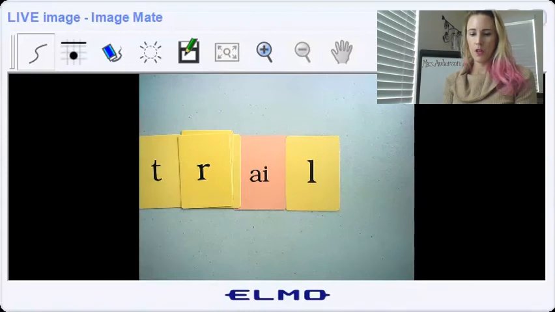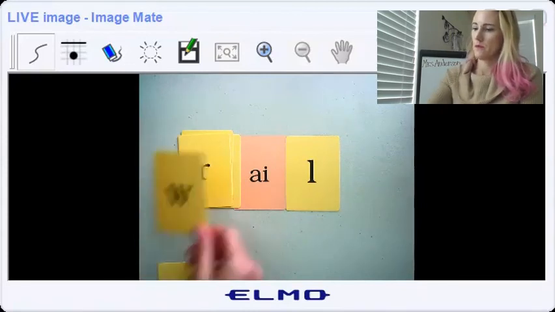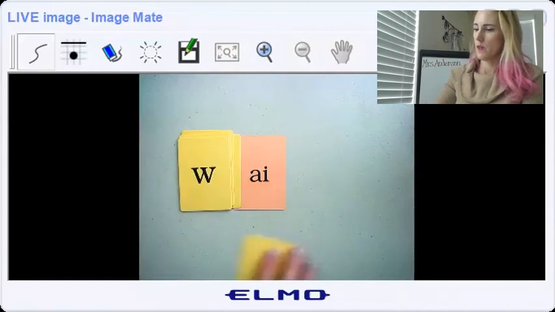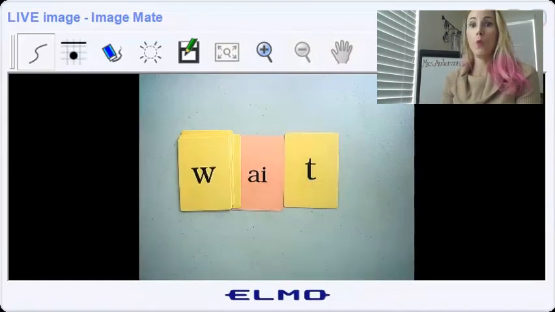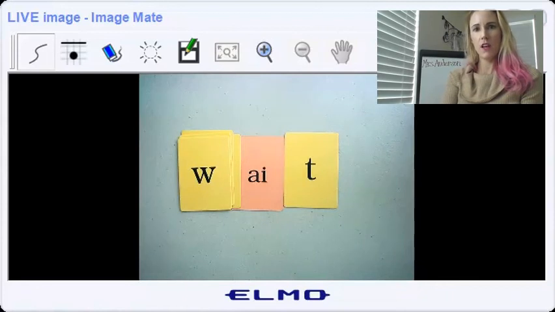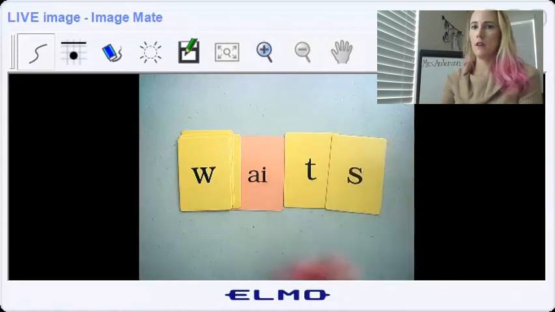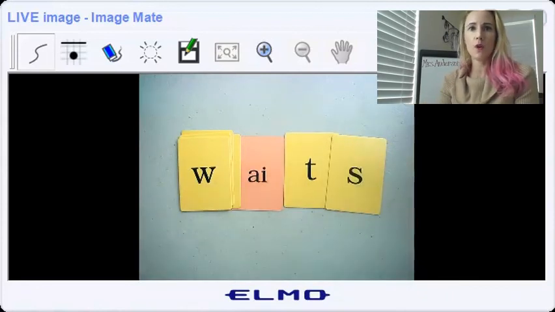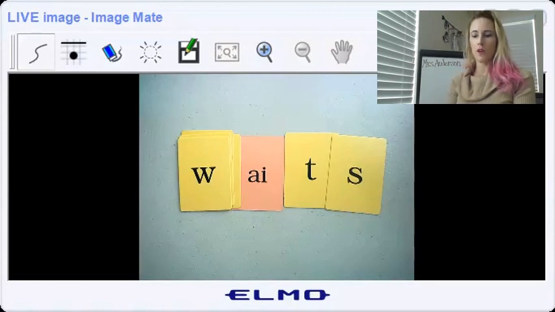And I'm going to do one more word for us. This word is wait. And just like the other words, I can add on an S to make the word waits, depending on what I'm trying to say or who is the subject in my sentence.